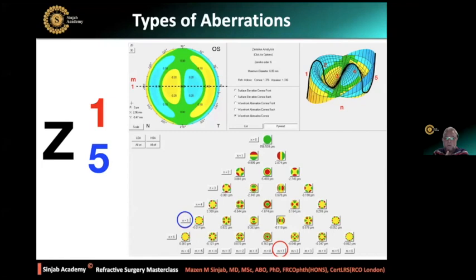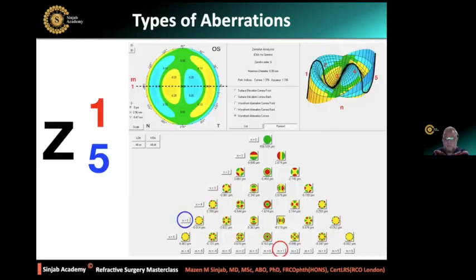And 1 in red means only 1 cardinal meridian, because the perpendicular one, which is 90 degrees, is not affected at all. There is no distortion, so it is not put into account. So when you see Z5, it means 5th order, 5 distortions along the affected meridian. How many meridians? Only 1. And because it is plus, it is horizontal. So it is very easy.